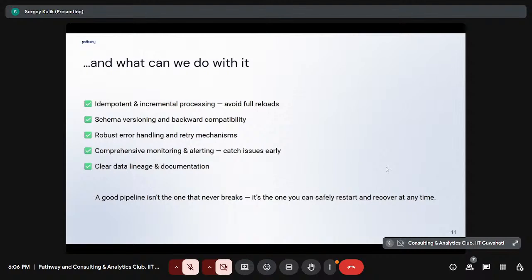So there are several patterns for how we need to act to have durable pipelines. One of the most important concepts is idempotent and incremental data processing, meaning that we don't need to reread data from scratch again and again.